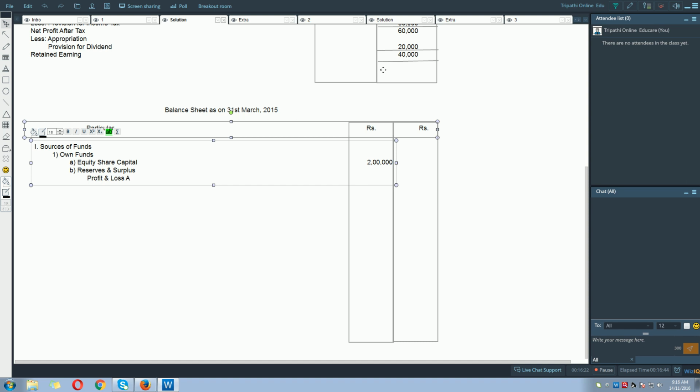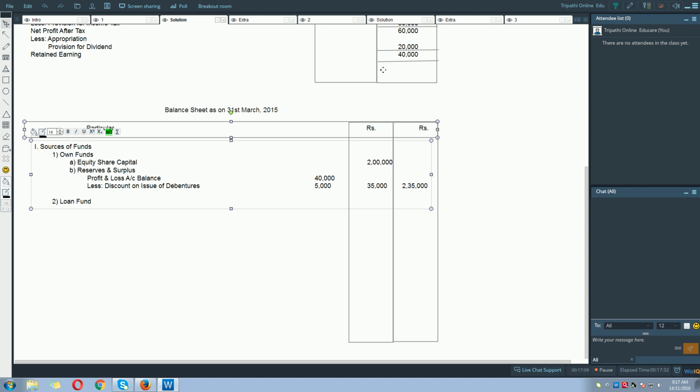Then B, reserves and surplus. Under this, profit and loss account balance, or you can say retained earnings, will be 40,000, less discount on issue of debenture, 5,000.